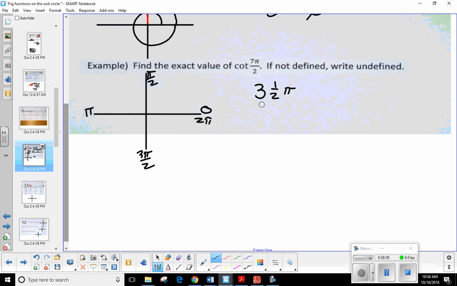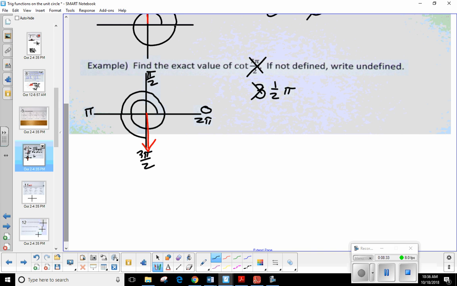So I'm going to go ahead and go to 3 pi. So there's 1 pi, 2 pi, 3 pi. Now I just want to rotate an additional 1/2 pi. Now remember, pi is only half of a rotation. So really all I have to do is go a quarter more. So right here.